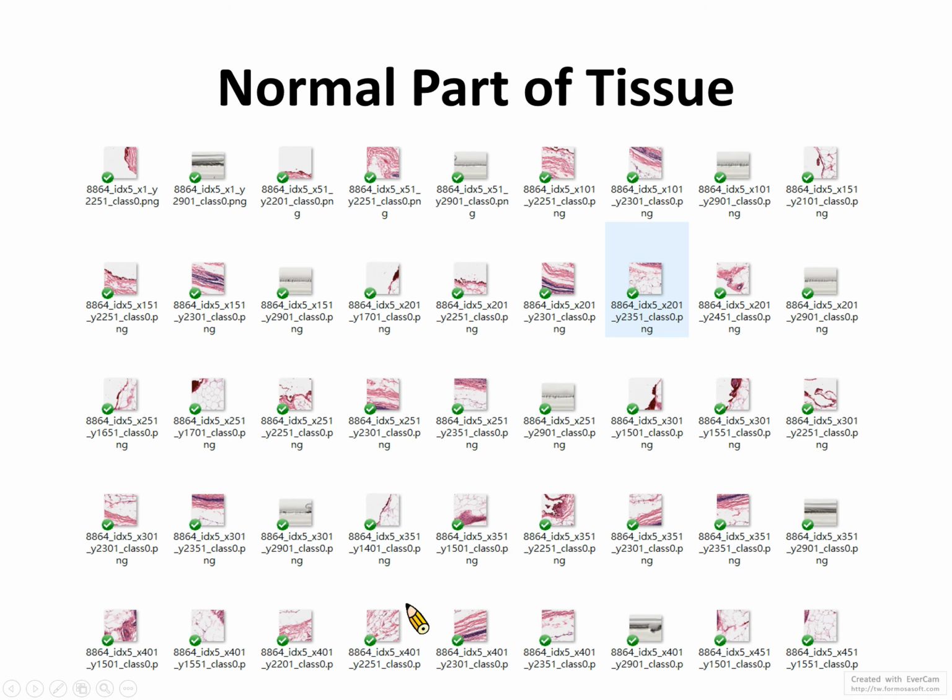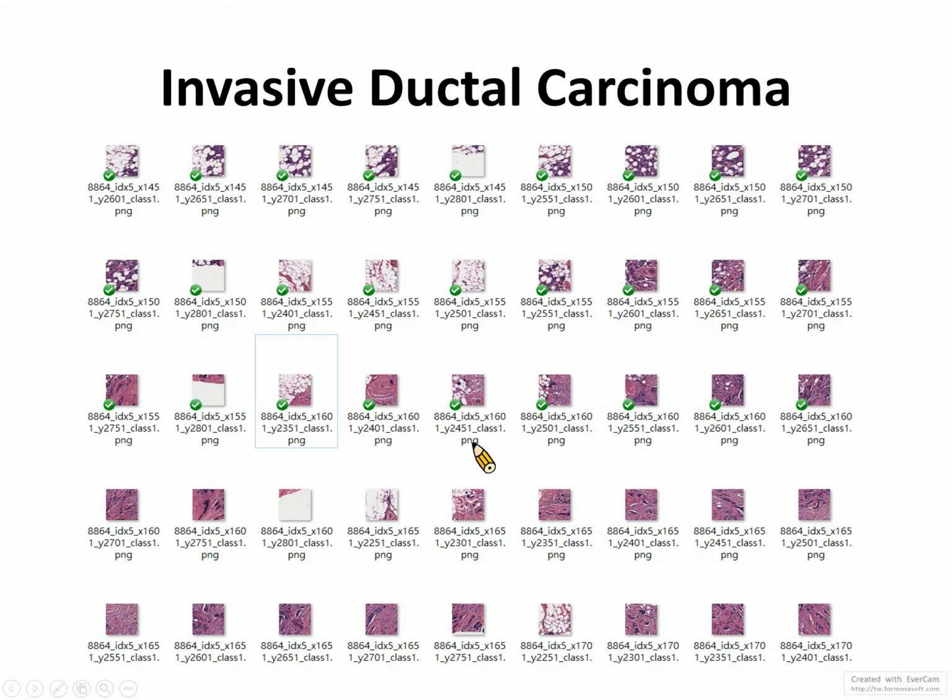So this is one of the examples. If you look into the unzipped files, you can see there are normal parts of the tissue. Okay, so it's a very small patch. It's only 50 by 50 in size, and this is a part of the invasive ductal carcinoma.